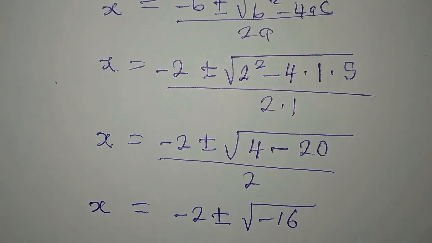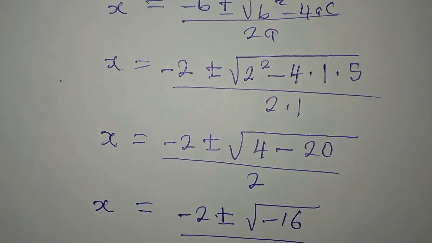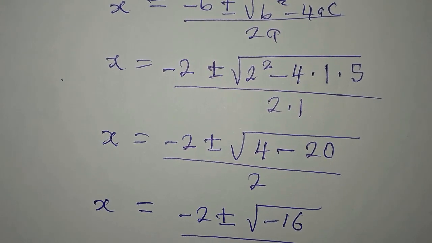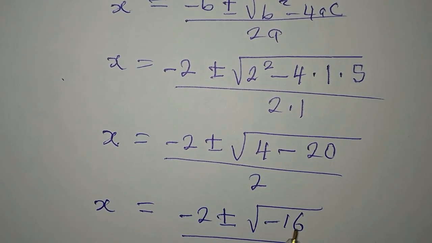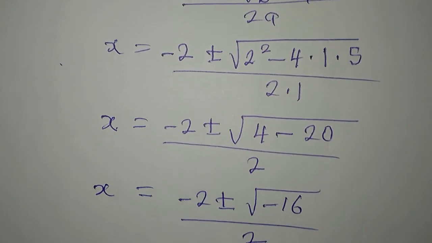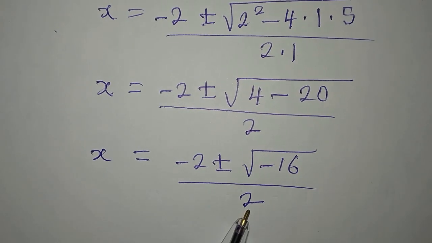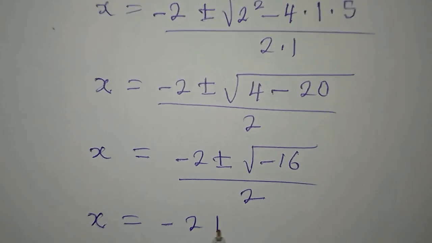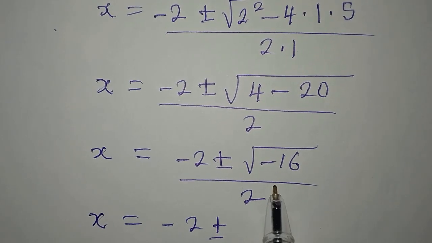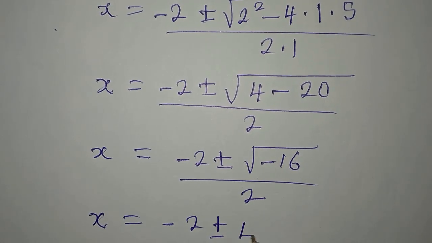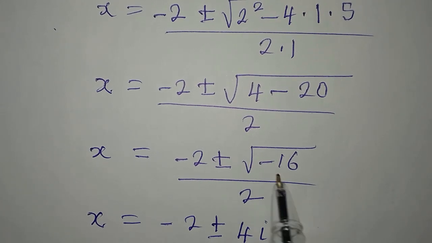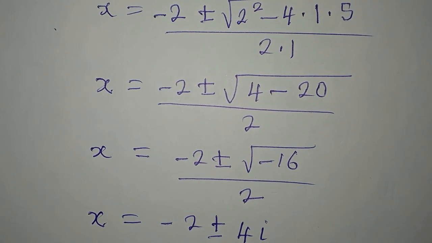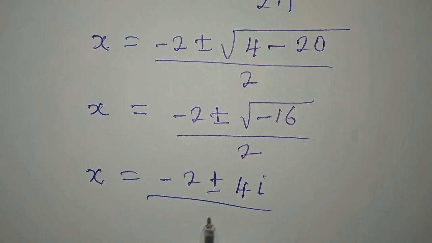Do not divide by 2 yet, because this denominator is for both numerators. So our x is equal to minus 2 plus or minus the square root of negative 16, which is 4i. Because of the negative, we'll have it as an imaginary number. So we divide this by 2.